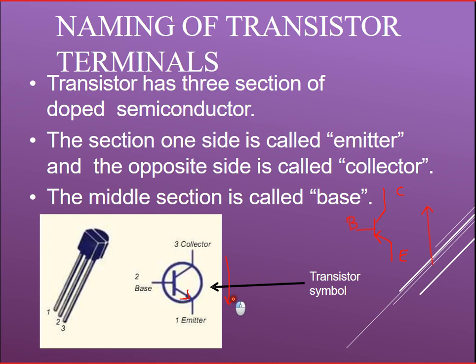It represents the current flow will come from collector to base to emitter. But if you go for the PNP transistor, actually this is a PNP. In a PNP transistor, the arrow mark will indicate the opposite direction. It represents the current flow will be in the opposite direction. So that is the difference between the NPN and PNP transistor.